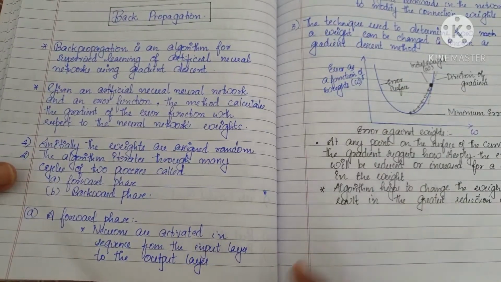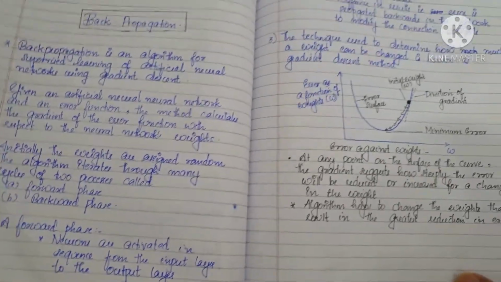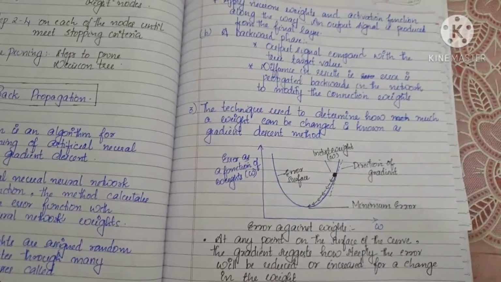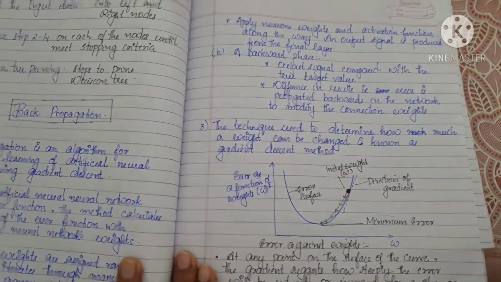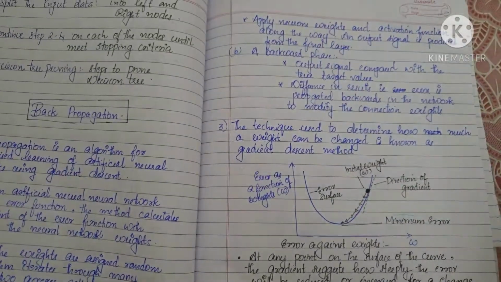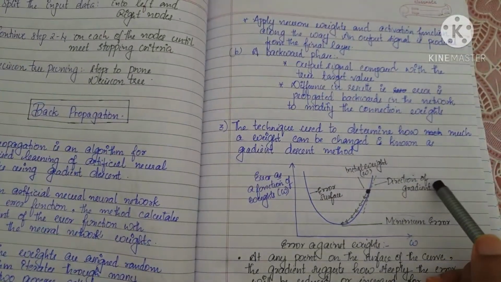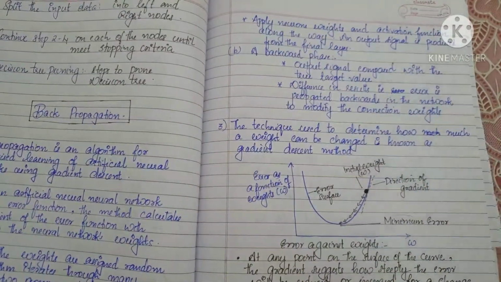We apply the summation of the weights and the corresponding inputs, and the result of this summation is fed into an activation function. Normally the activation function used is a sigmoid function; it depends upon the question. Along the way, an output signal is produced from the final layer.